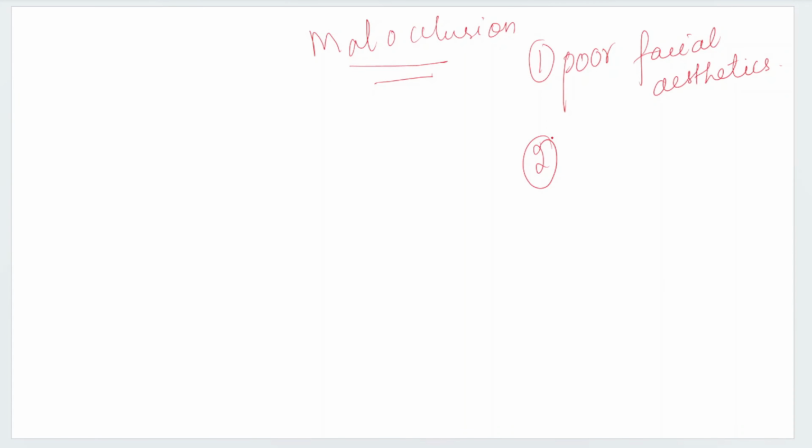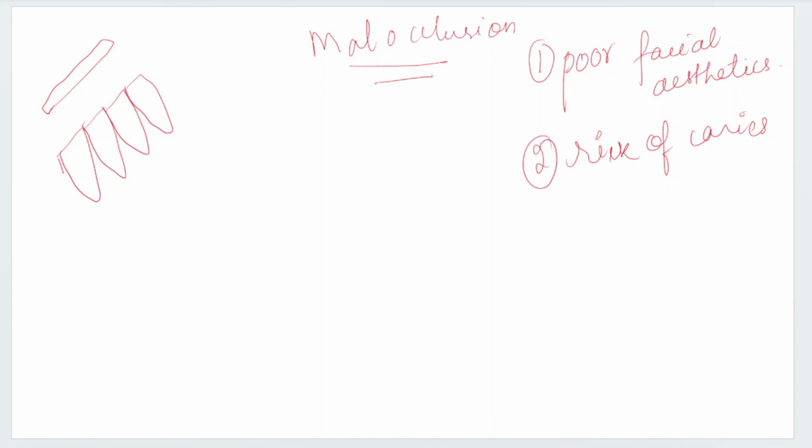Number 2 will be risk of caries. How? Now, if there are a lot of teeth in your oral cavity, and they're properly aligned, that means when we are brushing, the brush bristles can clean properly, right?